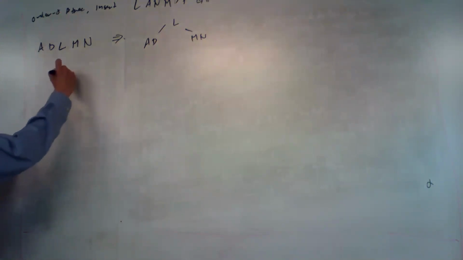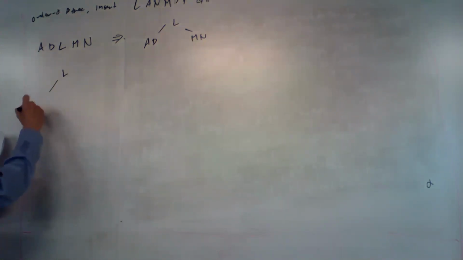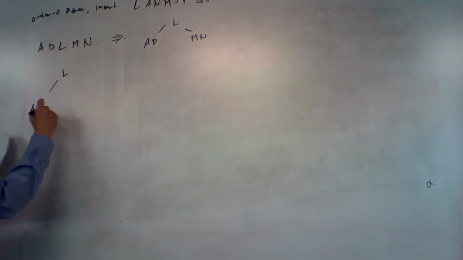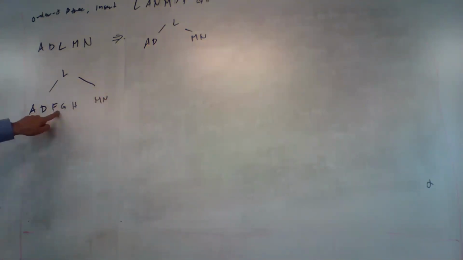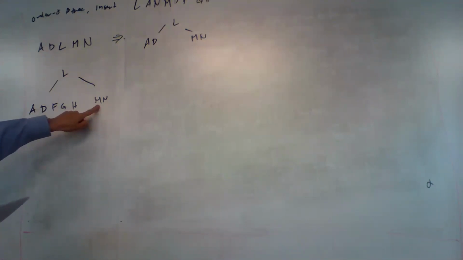So now we're going to have L, and then when we add in F, G, we're going to get A, D, F, G, and then H is going to go in there, right? So again, overflowed. But this time we actually have space over here in our right sibling, so we can redistribute.